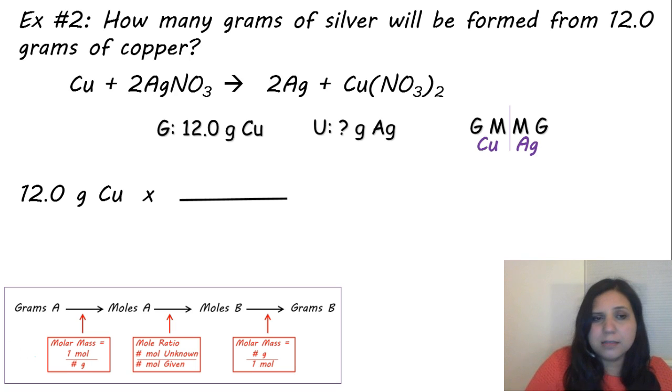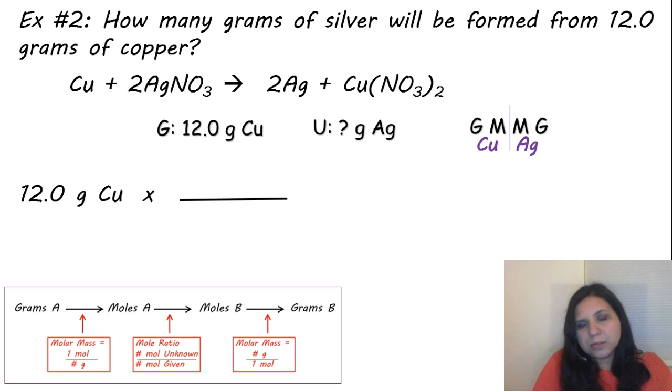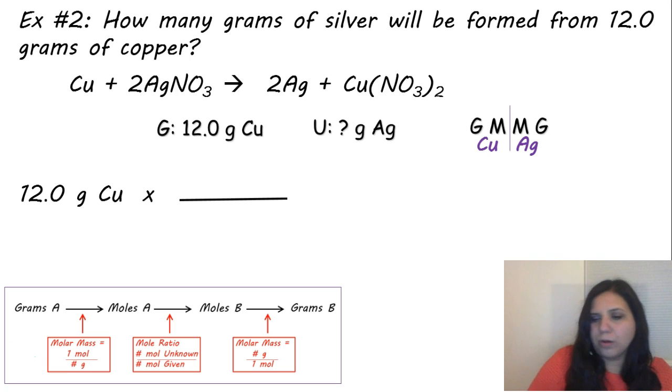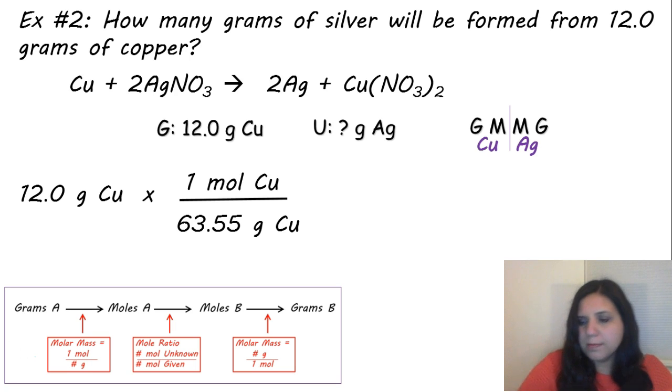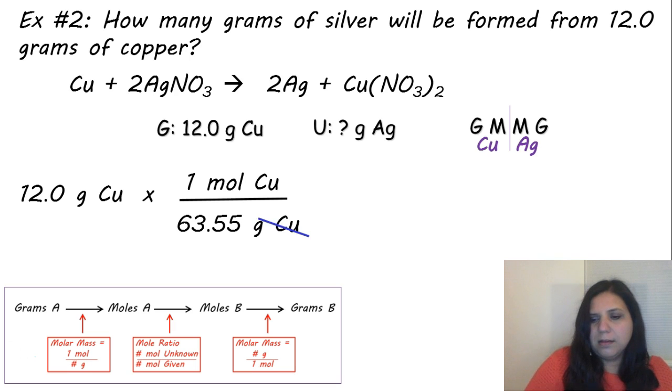I need the molar mass, so I look that up on the periodic table. 1 mole of copper is 63.55 grams, so 63.55 goes on the bottom. Remember, that goes with grams, and 1 is what goes with mole. That cancels out grams. Then we'll need our next step, which is the mole ratio, from moles of A, which is copper, to moles of B, which is silver.